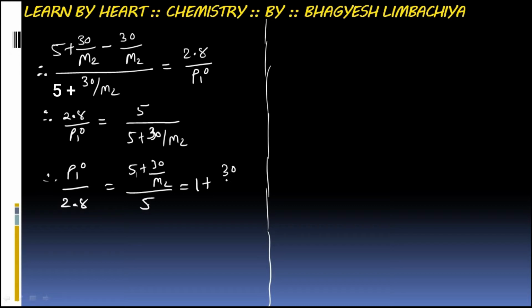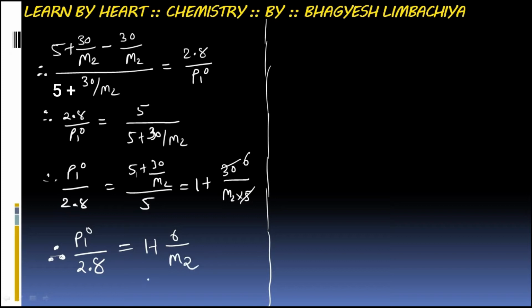And here 5 is taken as LCM. So 1 plus 30 by M2, and at the denominator multiplied by 5. And finally we are getting P1⁰ upon 2.8 equals 1 plus 6 by M2. And this one is taken as equation number 1.